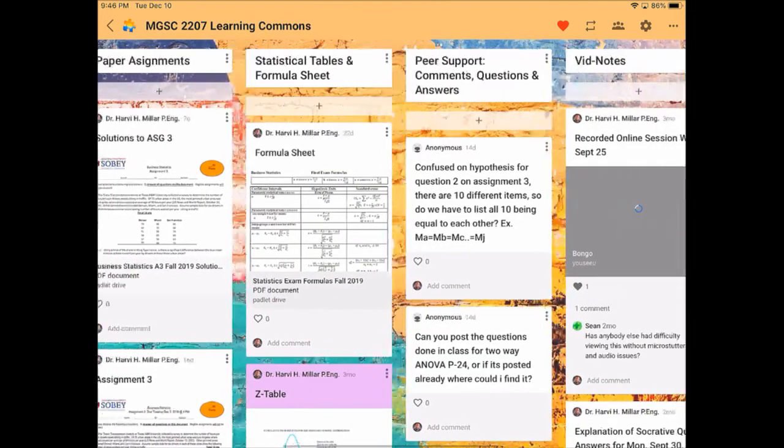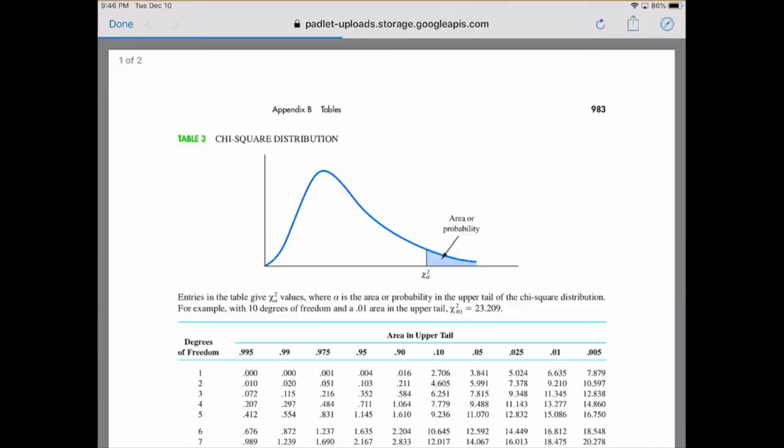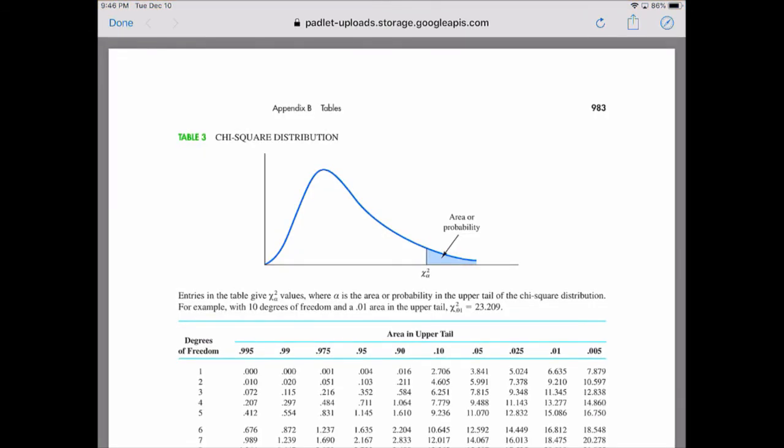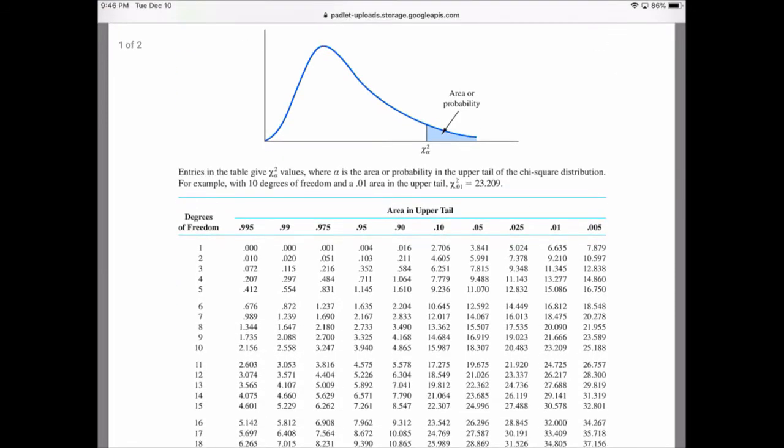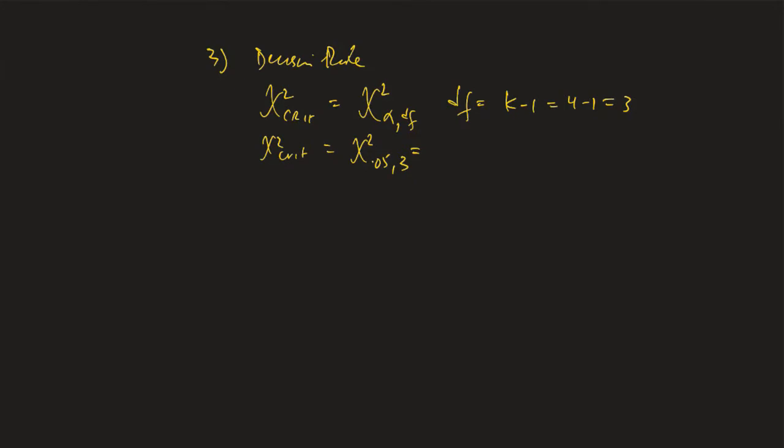Here are my tables, chi-squared. So we're looking for 0.05, which is the value of alpha, and then 3 degrees of freedom. 0.05, 3 is 7.81. So 7.81 is our critical value.